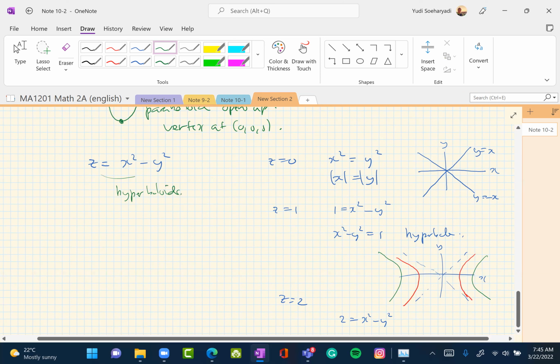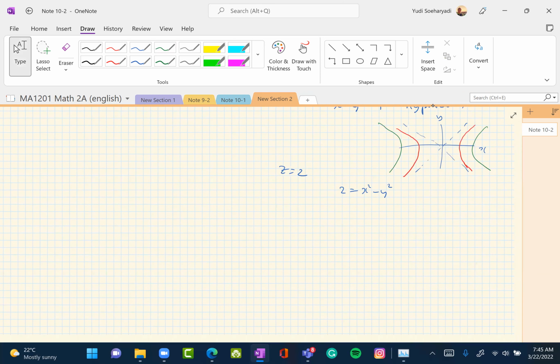So let's do on maple something that looks like this one.